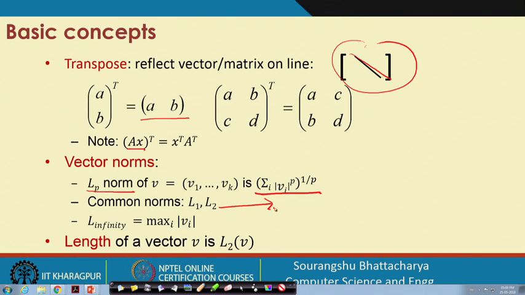The L infinity norm of a vector is the max over all the components, the absolute value of all the components of the vector. Also note that the length of a vector V is the L2 norm of the vector.